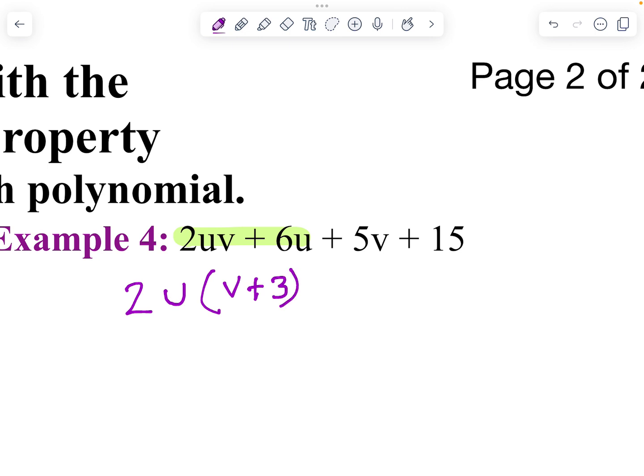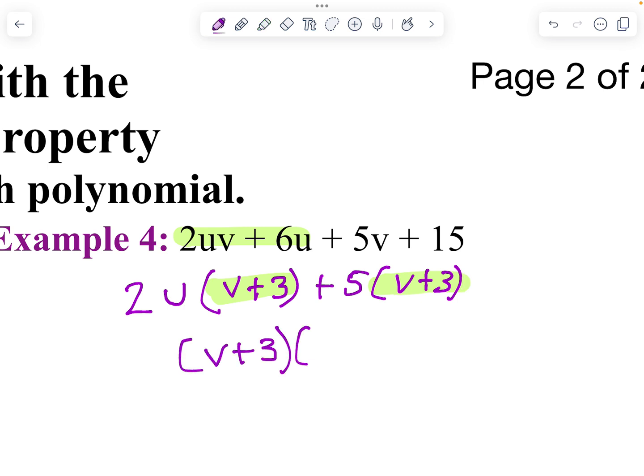Then I'll factor out a 5 out of the next 2 terms, and I've got v plus 3. So you've got v plus 3, parentheses 2u plus 5. And then there's your answer.